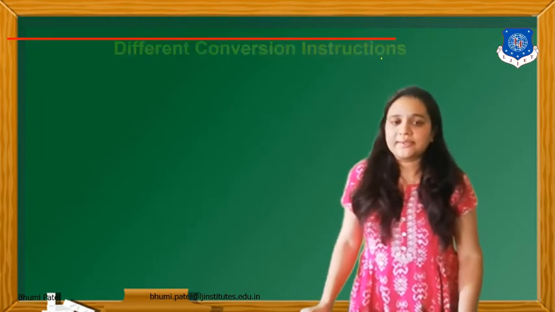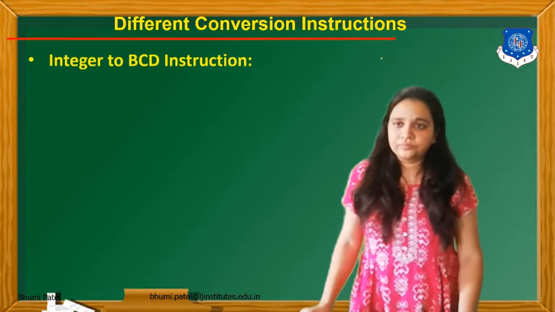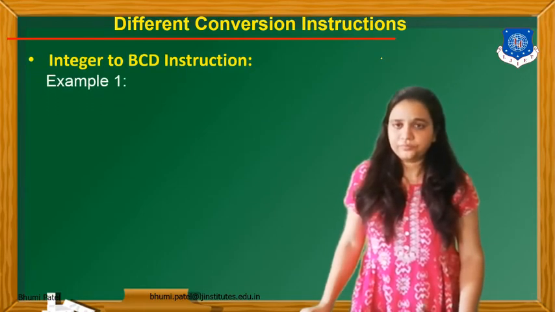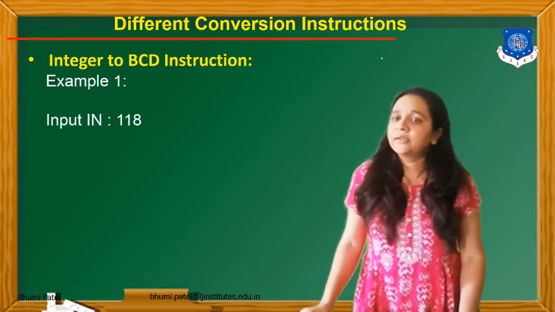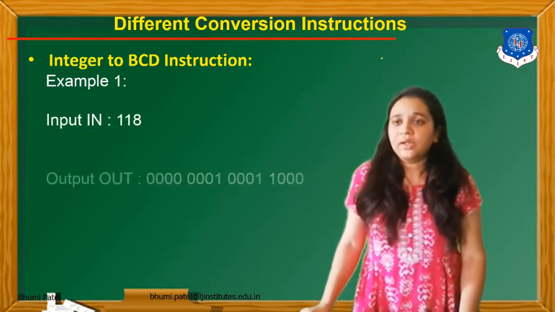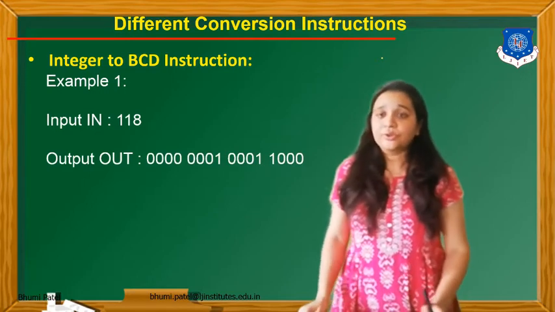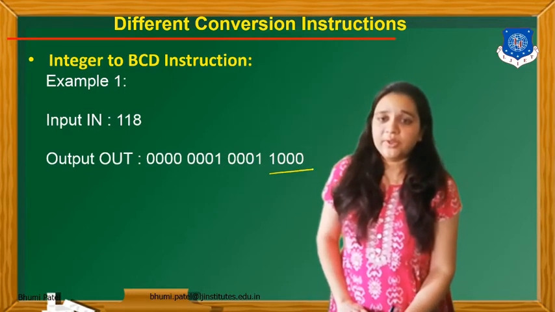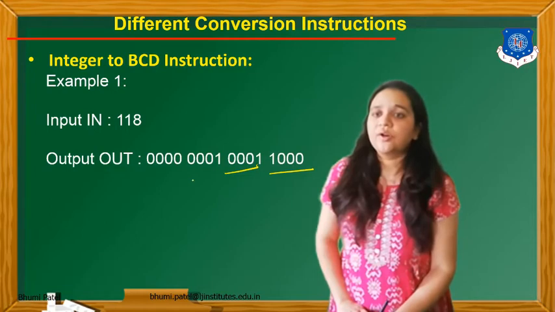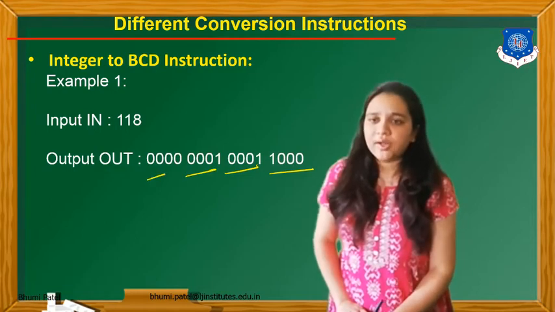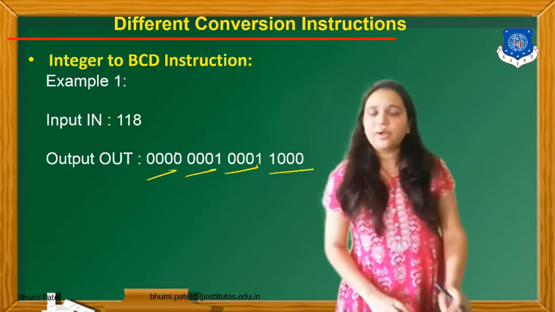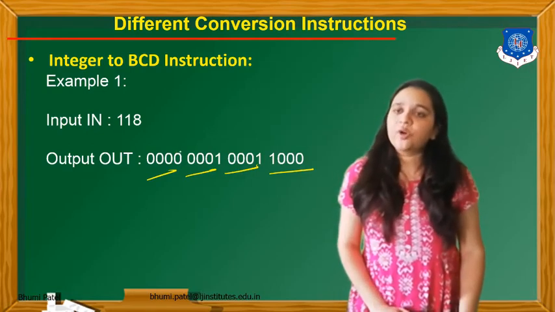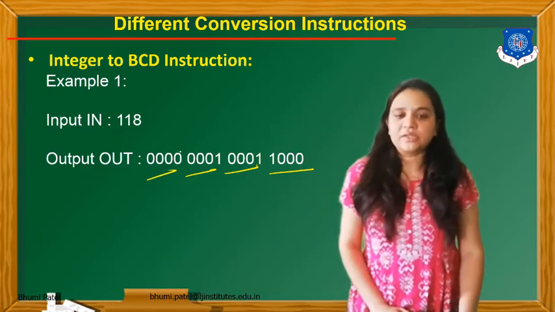So the example: suppose the input data is 118. Now what is the output? 8 means 1000, 1 means 0001, 1 means 0001, and for 0 it is 0000. So this is the conversion of integer to BCD instruction.